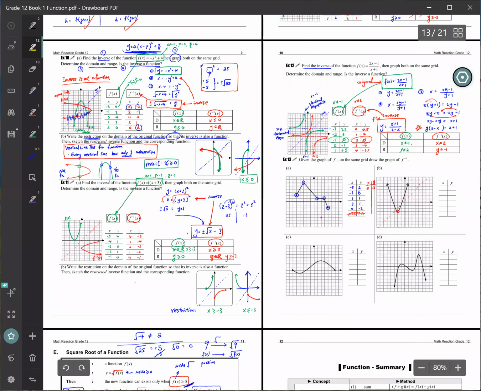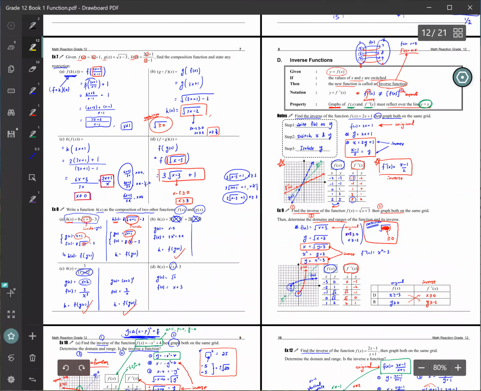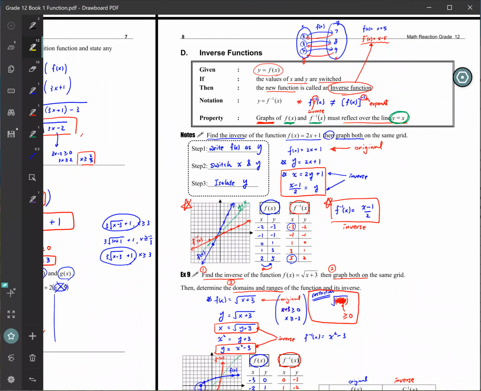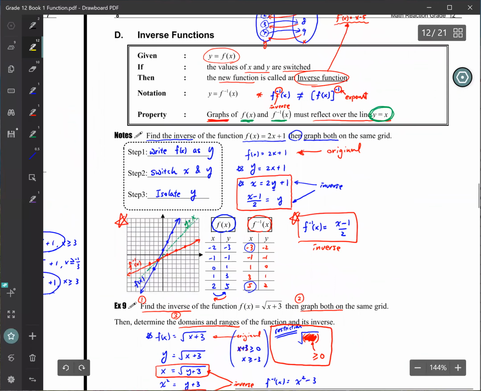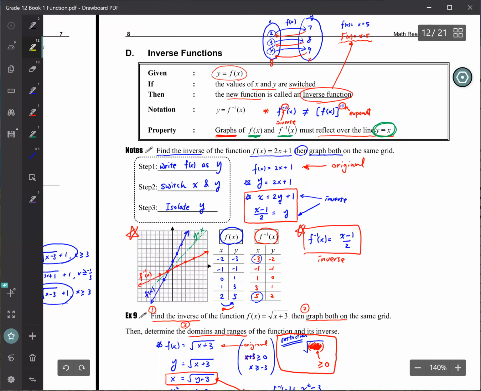Yeah, this one. Page 8. Okay, so remember this one. You guys can turn to page 8, take a look. So inverse is to use the x as y, right? Use the y as x. You switch x and y, right? So we have 3 steps to find inverse, okay?